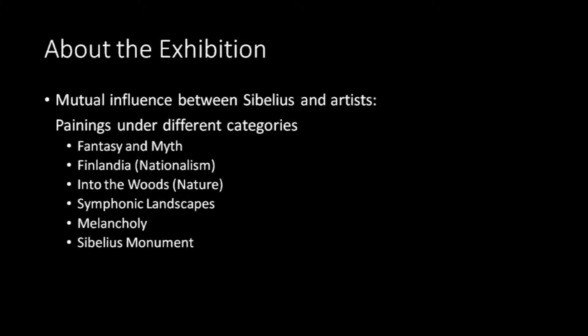The majority of the exhibition is about the mutual influence between Sibelius and the artists. So, paintings are put under different categories like fantasy and myth, Finlandia, which is about nationalism, Into the Woods, which is about nature, symphonic landscapes, melancholy, and Sibelius' monument.